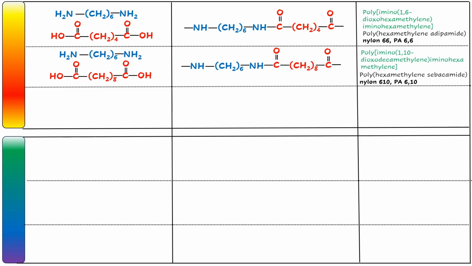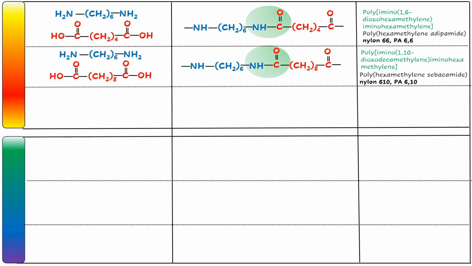Similarly, hexamethylene diamine combined with 10 carbon containing dicarboxylic acid, namely sebacic acid, through condensation polymerization gives polyhexamethylene sebacamide or Nylon 6,10. These types of polymers fall into a separate class called polyamides, as amide links are present as highlighted here.